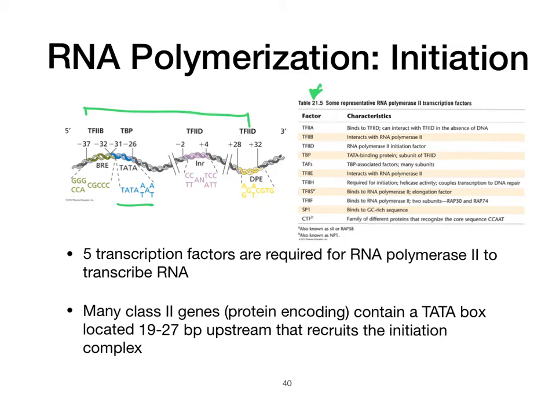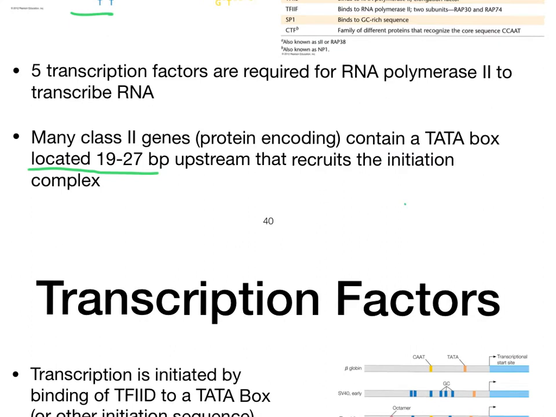So there are 5 transcription factors required for RNA polymerase II to transcribe. So many class II genes, protein encoding, contain a TATA box located 19 to 27 base pairs upstream. So to count this, we consider the ATG as 1.